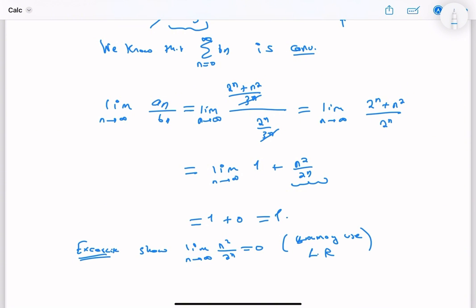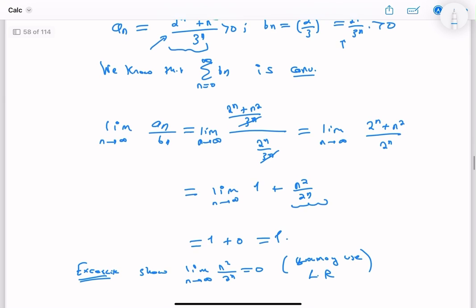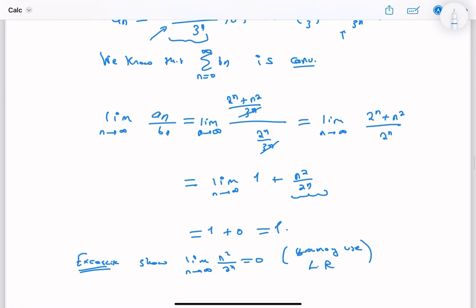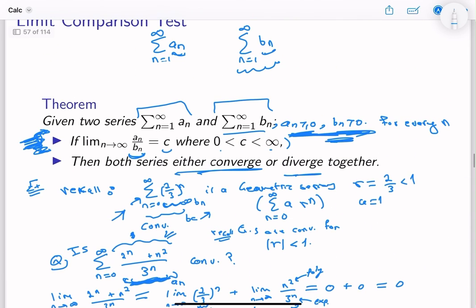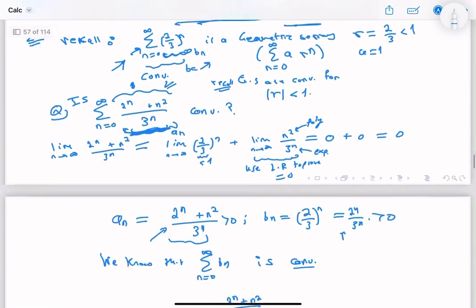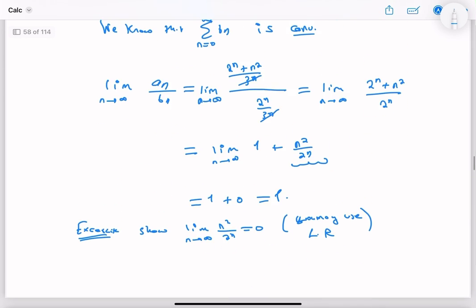So the limit is 1. We just computed the limit of the ratio of a_n and b_n, and it's a number that is strictly bigger than 0 and strictly less than infinity.